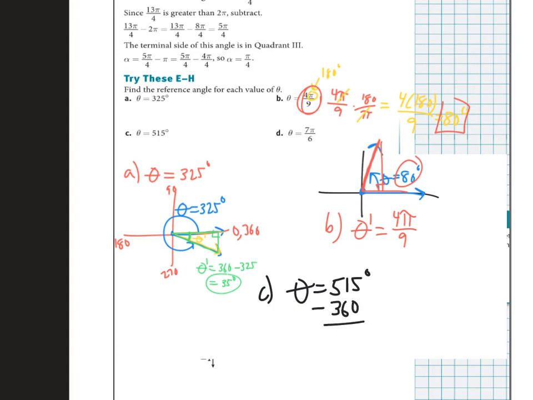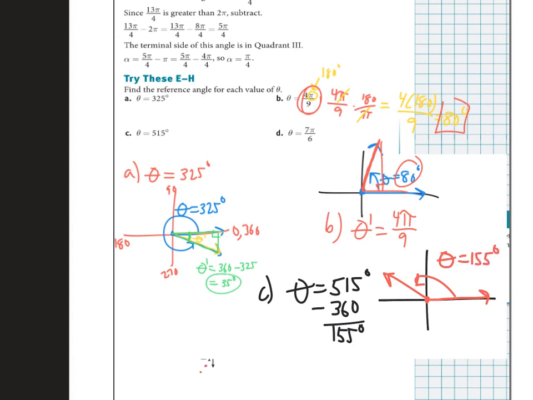Let's get a coterminal angle from that and give ourselves something easier to visualize. I don't care about doing the full circle. I just need to know where the terminal side is. So 155 is definitely in the second quadrant, between 90 and 180. Let's say it's around there somewhere. So I can mark that as 155.